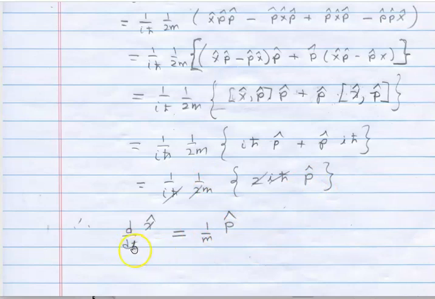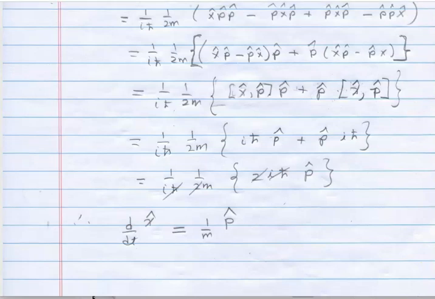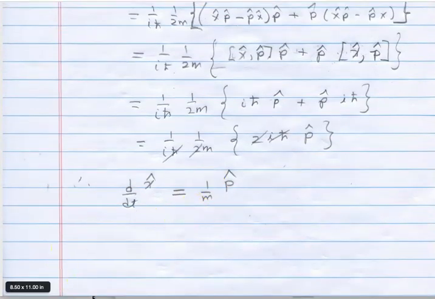So one gets the operator equivalent of the velocity being equal to the momentum divided by the mass of the particle. Again, we've done a similar thing, but it was a lot easier in this case when I don't have to do a bunch of integrals and explicitly evaluate everything on both sides.